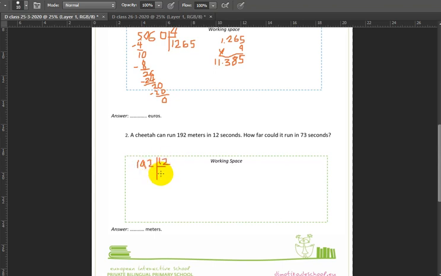And I'd say 12 fits into 19 once. And I'm going to do this subtraction, and I'm going to get 7. Pull down the 2. And 12 fits into 72 6 times. 6 times 12 makes exactly 72.